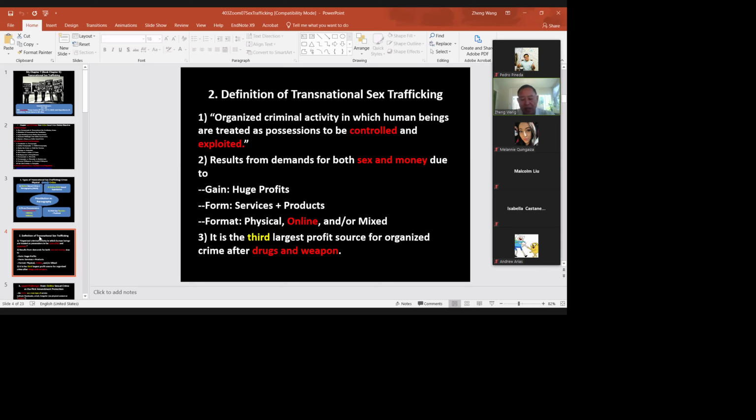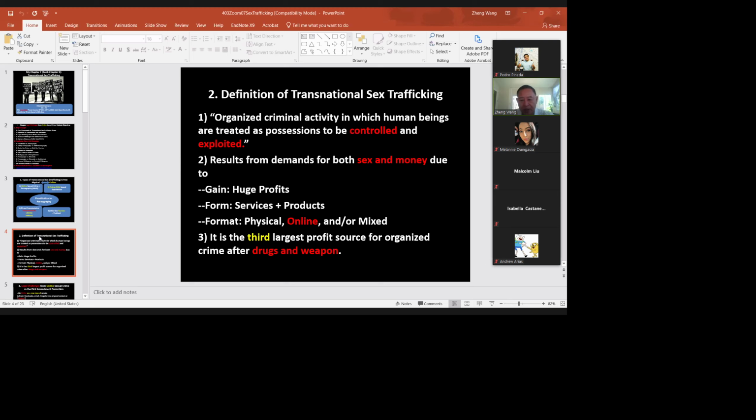Online means the main delivery method or format is online, virtual. Sex trafficking means those victims were smuggled from foreign countries, or are in foreign countries.